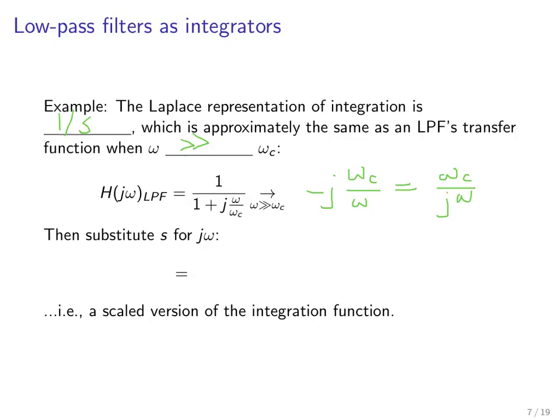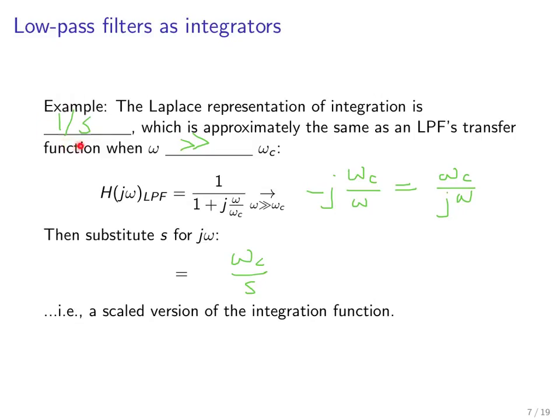Okay, and then we can substitute s, the Laplace variable, for j omega, and get omega c over s, which is just a scaled version of the Laplace integration function, right? So the Laplace integration function is 1 over s.